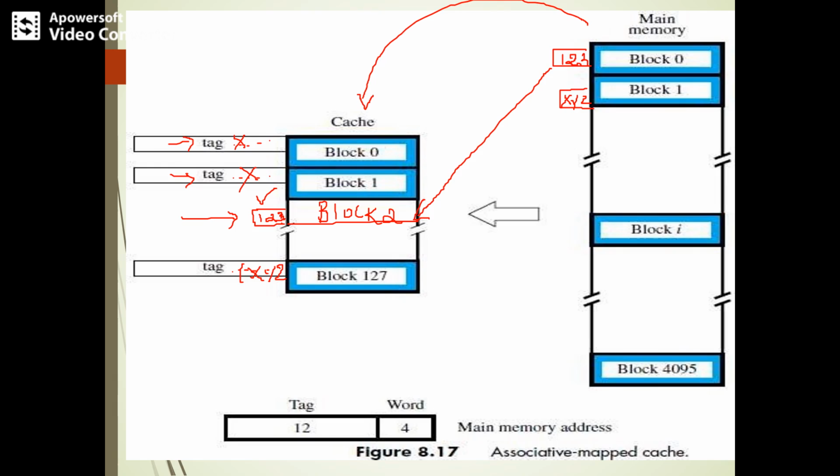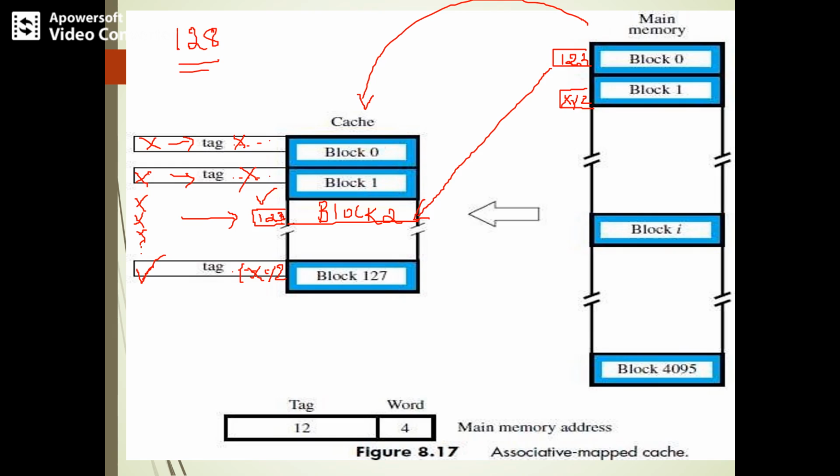First I'll compare this block 1 tag bit x, y, z with block 0. It is not matching. Then block 1, second comparison, it is not matching. Block 2 is also not matching. Block 3 is not matching. So on, until I come to the 127th, and at that time it's matching. So we made around 128 searches, matching around 128 tag bits.